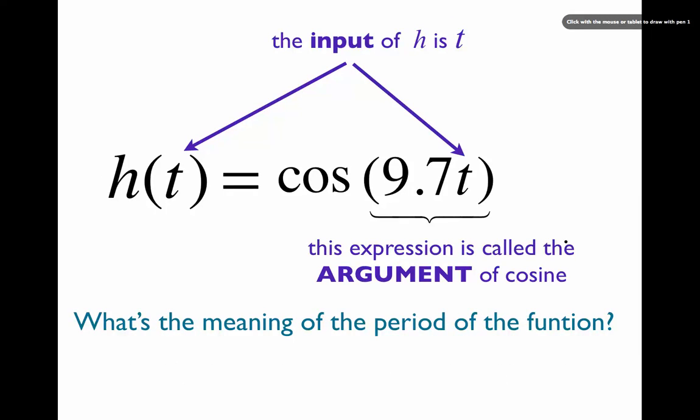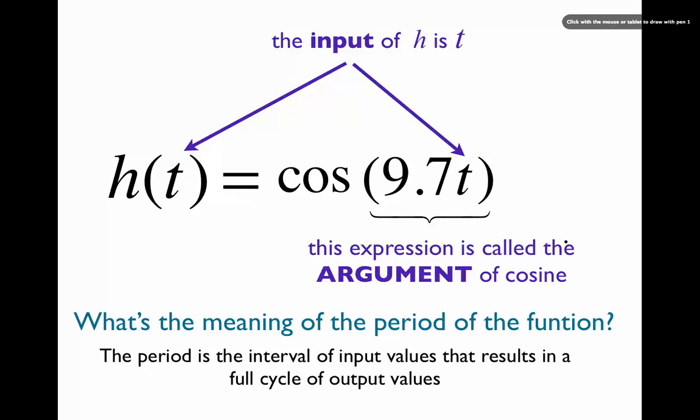And what's the meaning of the period? Does the period relate to t, the input, the argument, or the output? It's a measure of the input such that we get a full cycle of output.